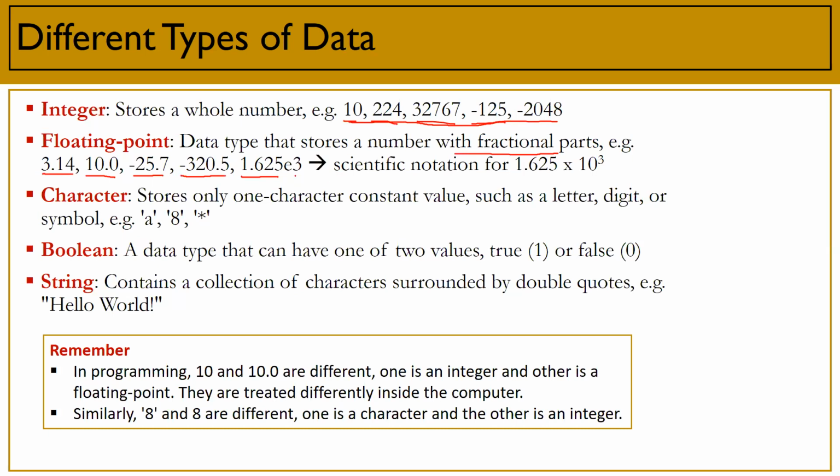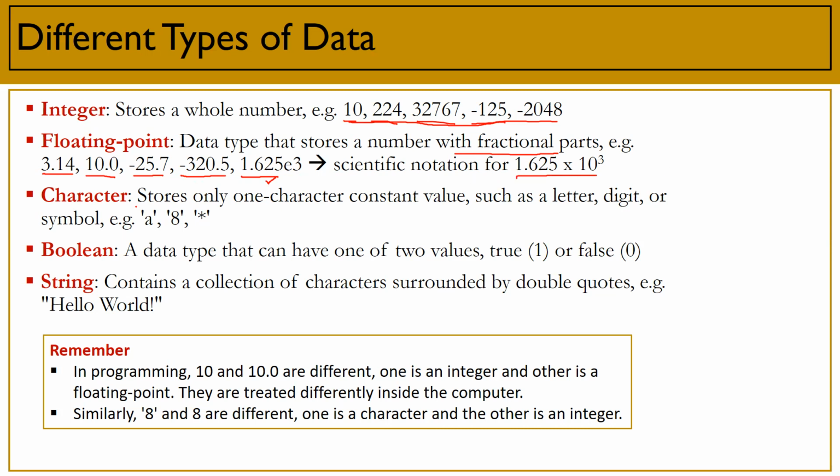This is an allowed representation for the scientific notation of this number. So you can store numbers which have fractional parts using the floating point data type. If you are working with data which may have a fractional part, which may have decimal digits, then you should pick the floating point data type.